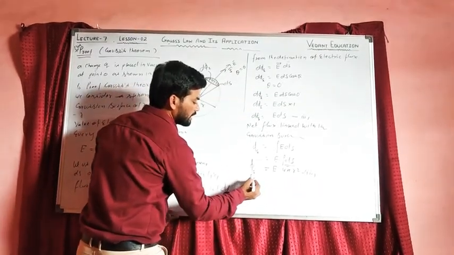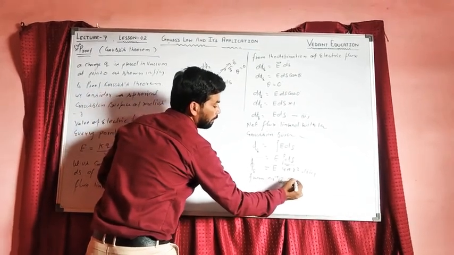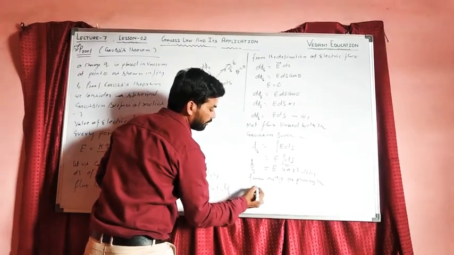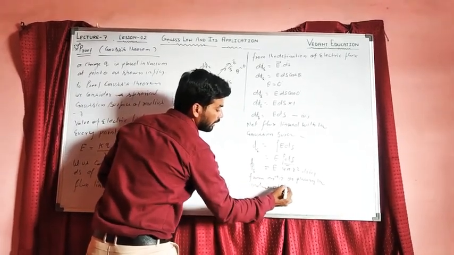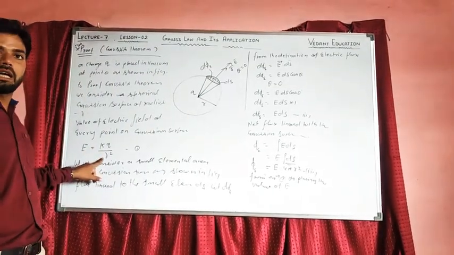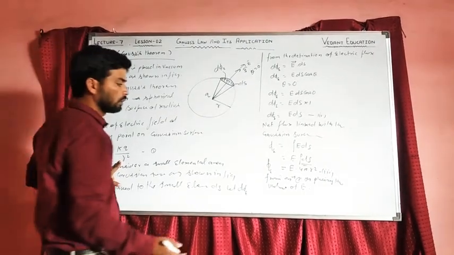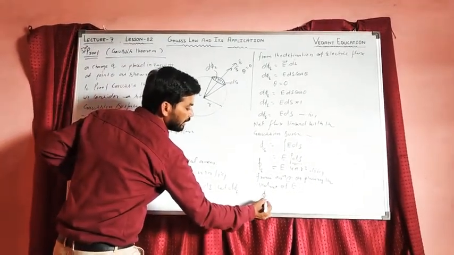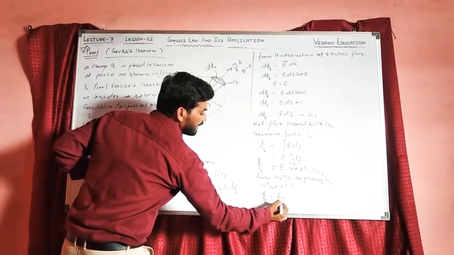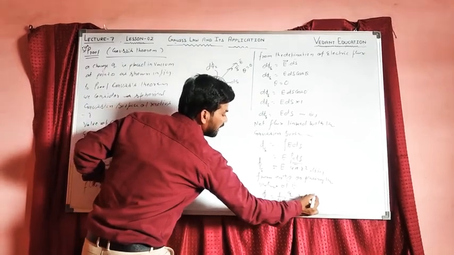From equation 1, on placing the value of E, which is kq by r square, and for vacuum k is 1 over 4 pi epsilon 0, phi e is 1 over 4 pi epsilon 0 times q by r square times 4 pi r square.